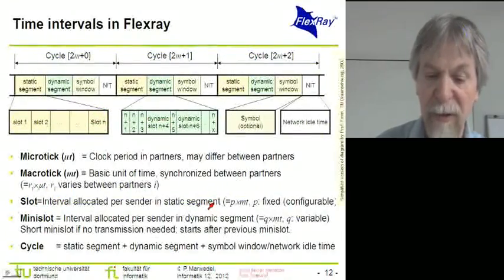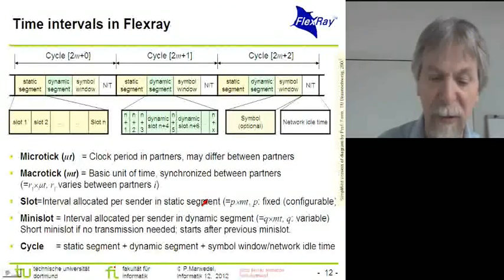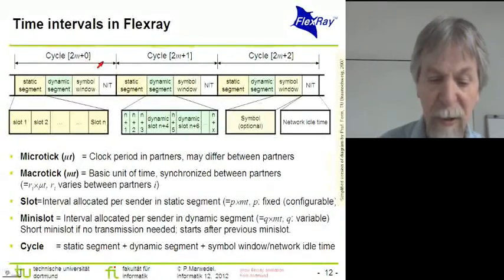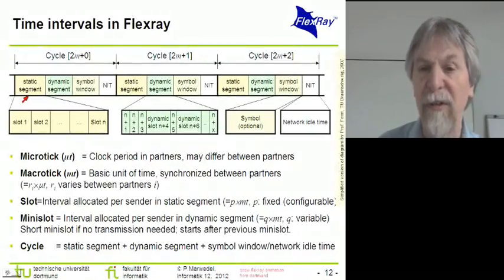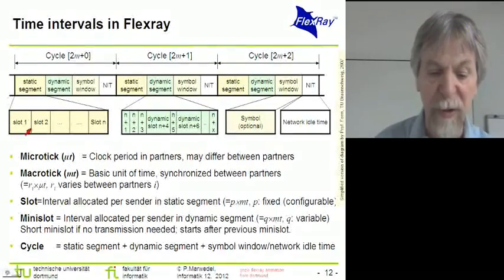Now this is a somewhat more detailed view of the timing in such a FlexRay system. You see the different cycles over here, and during each of the cycles we have this static segment, which is comprised of the different slots, in this case n different slots.